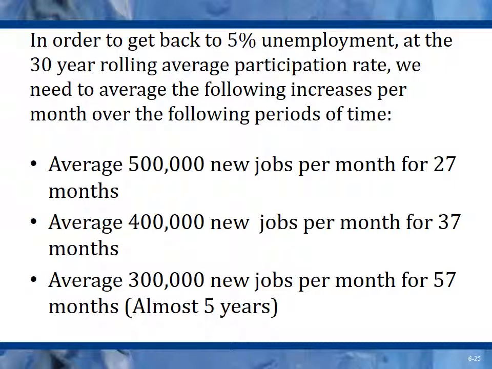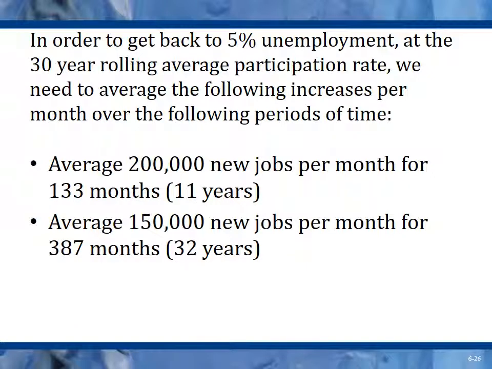Every month we would need to add 400,000 new jobs. So if we were to average 300,000 jobs, we've never averaged that many for more than a few months at a time. We would still need to do this for almost 5 years to get back to where we were not that long ago. We would need to average 200,000 jobs per month, which historically is still very ambitious.